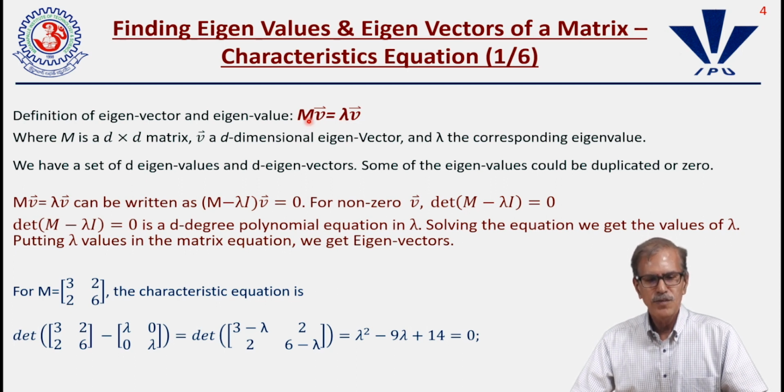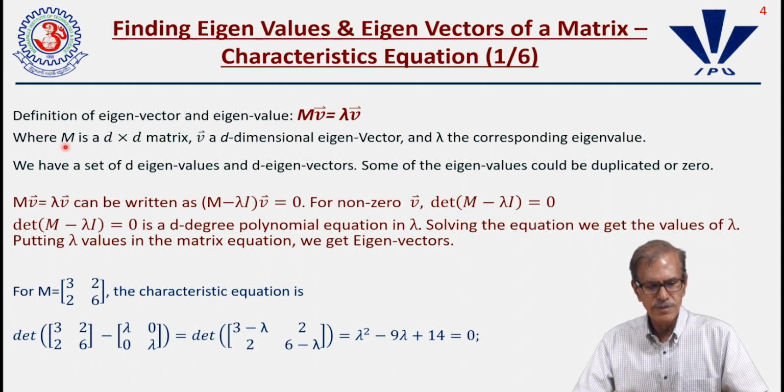So we express the norm of a matrix in terms of its eigenvalues. And V is the eigenvector, and let us see how we can find the eigenvalue and eigenvector of the matrix.